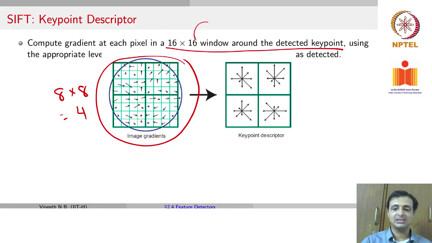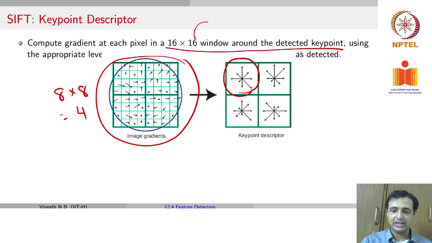Inside each of those quadrants, you construct a histogram of the orientations of points inside that patch and align it along 8 bins. So instead of 36 bins, this time we do a coarser alignment, only along 8 bins. This is what SIFT proposes.